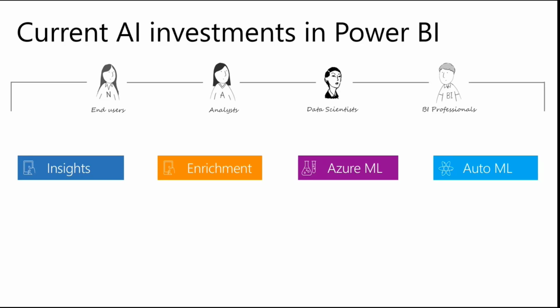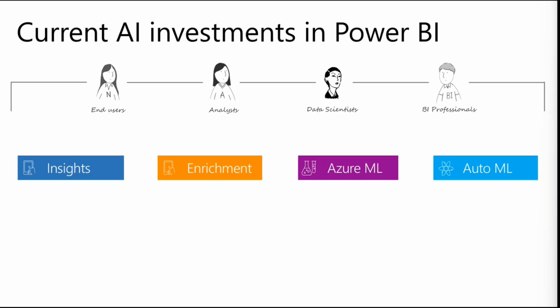For those of you who are not familiar with cognitive services, these are pre-trained machine learning models that are deployed by Microsoft, and you typically interact with those pre-trained models using APIs. Power BI has built-in integration with those, and we'll show those later in the demo as well.